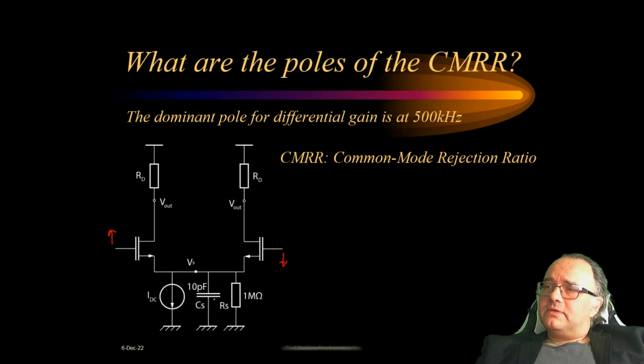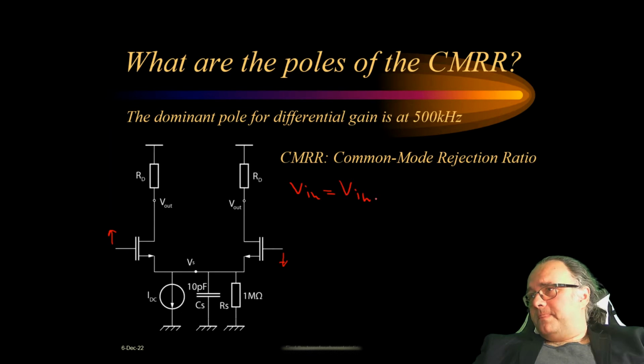If this signal goes up, the other will always go down. And the input signal, for example V in, will always be defined as their difference: V in plus minus V in minus.